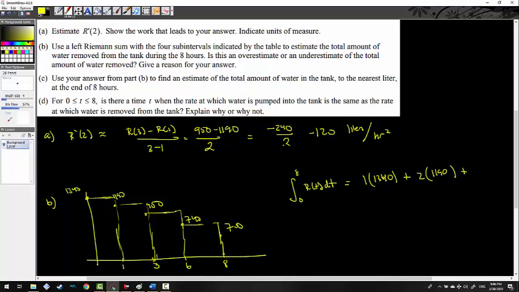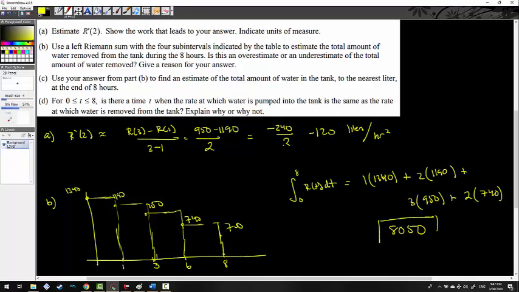And then plus 3, and my height at that time is going to be 950. And then plus my last rectangle width, which is going to be 2, and my height at that time is going to be 740. And after all that is done, I'm going to get 8,050.